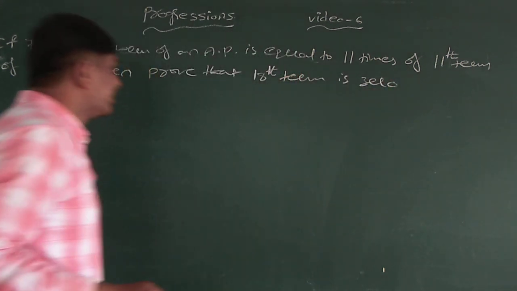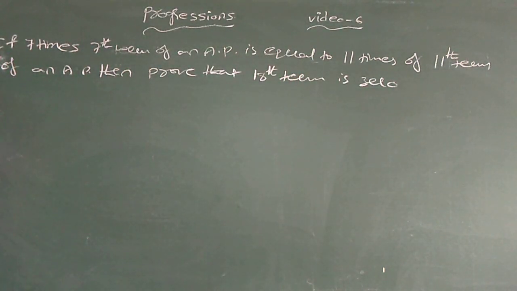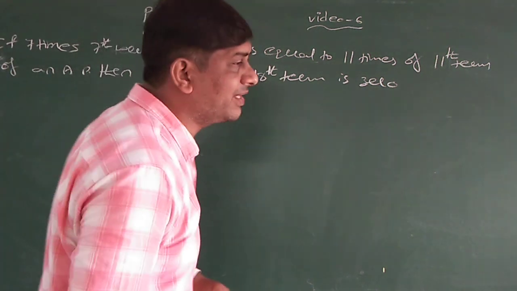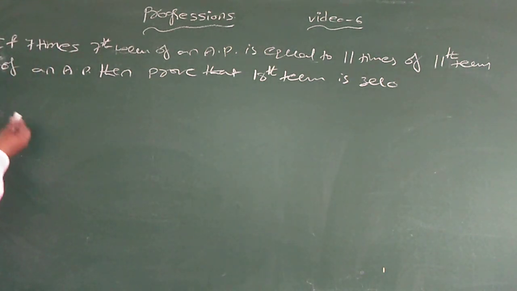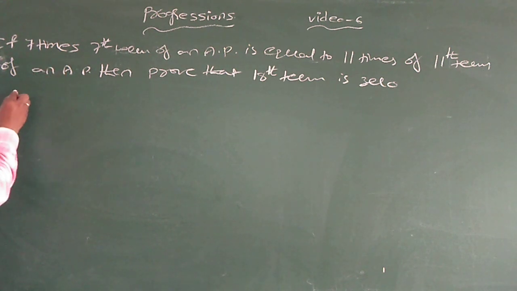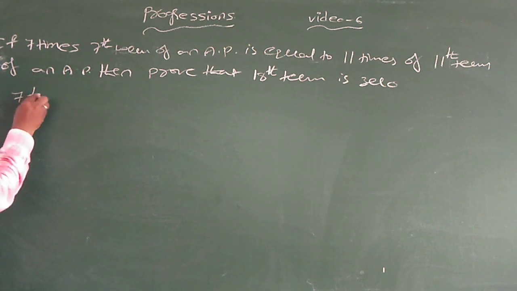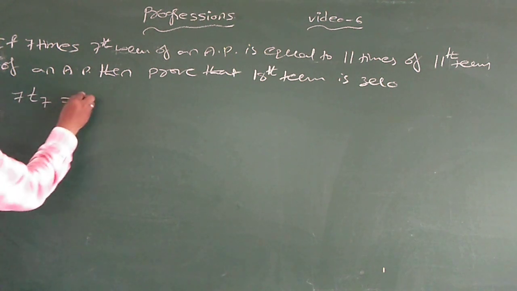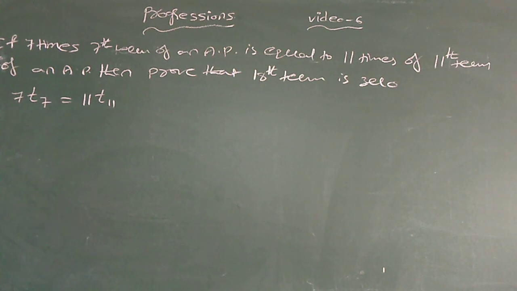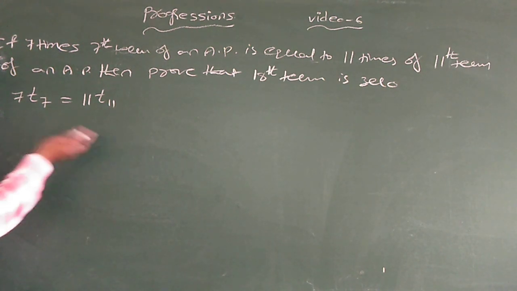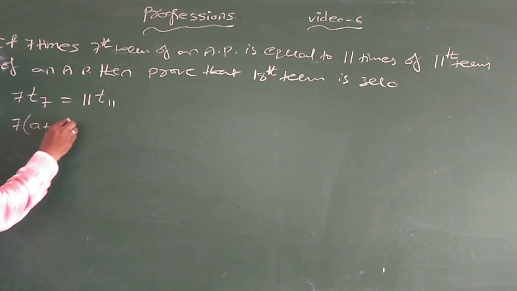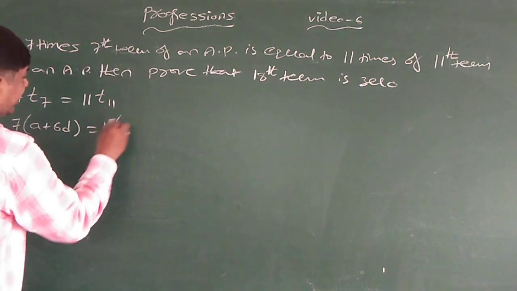See here, if 7 times the 7th term of an AP is equal to 11 times the 11th term, that means 7 into T7 is equal to 11 into T11.